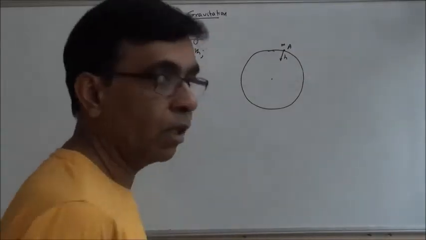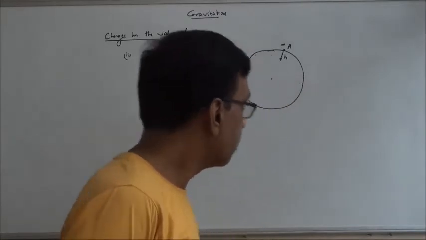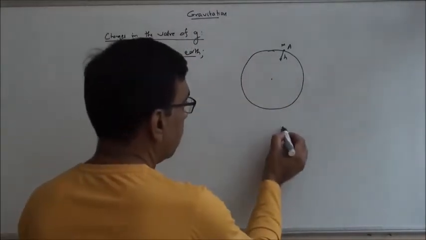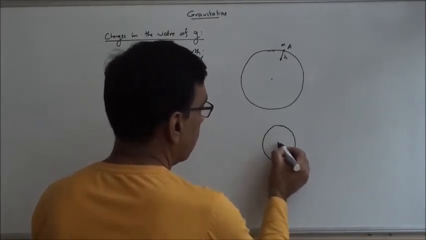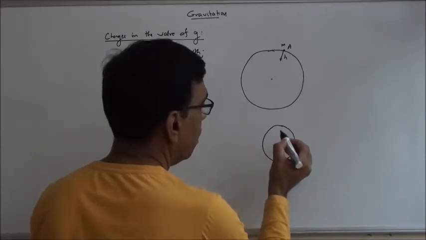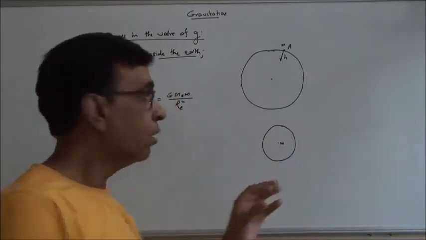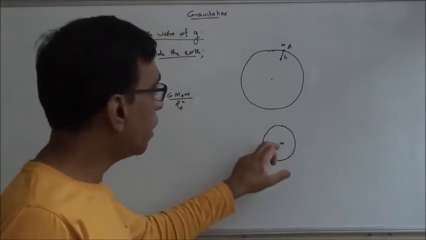at a depth h, see, in order to understand this, I will explain you another very important case. If I keep m at the center of a shell, this is shell, means hollow, uniform distribution of mass, and I keep a point mass m.